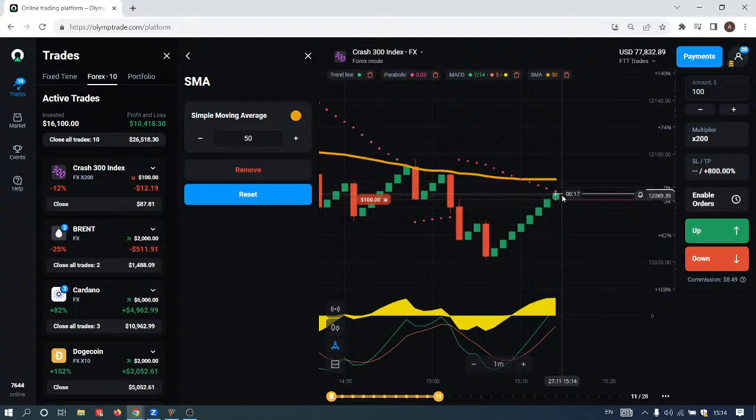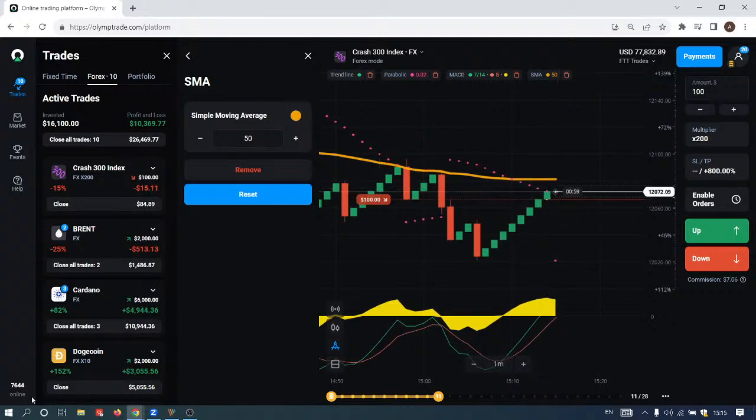Does OLYMP TRADE sometimes manipulate the graph? No, the OLYMP TRADE platform does not manipulate any chart, because all charts basically come from multiple exchanges, and everyone sees the same charts. Online now we have 7,600 traders on the platform from all devices, also from iOS devices.